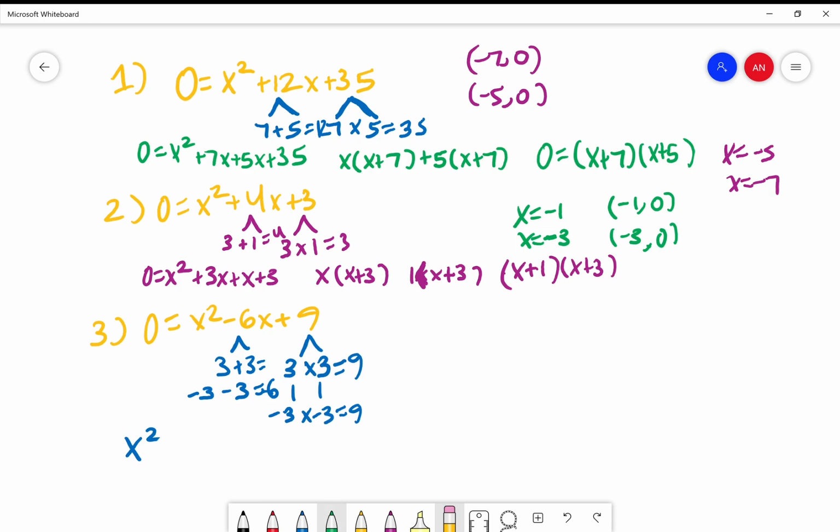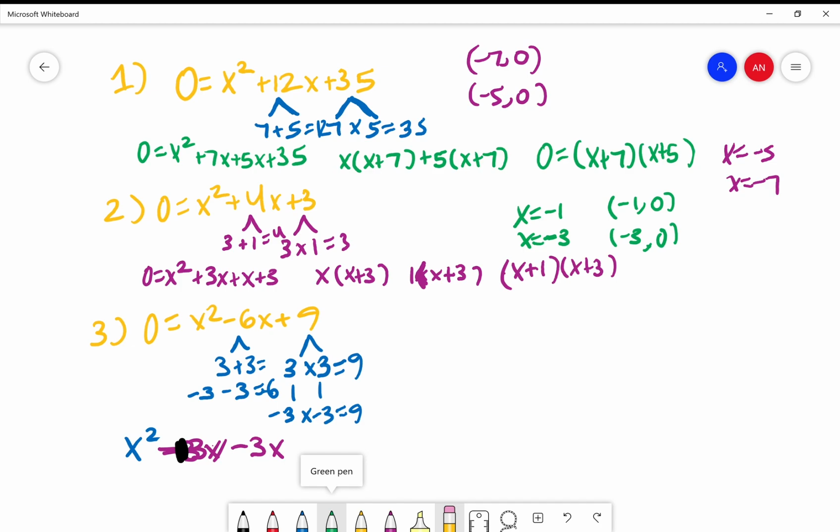X squared minus 3x minus 3x. Oh god. Sorry, my whiteboard's really lagging. X squared minus 3x minus 3x plus 9.